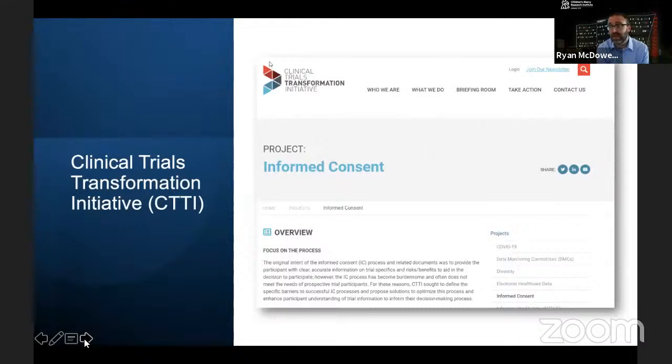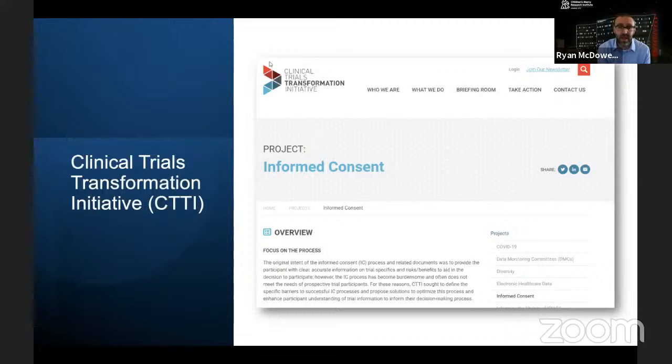And I really have to give credit where credit's due. If you have not gone out and read the Clinical Trials Transformation Initiative's Informed Consent Project, I highly recommend it. Go to the CTTI website and look at it. Reading their project and its results is really what sparked our interest in taking on an overall improvement effort.